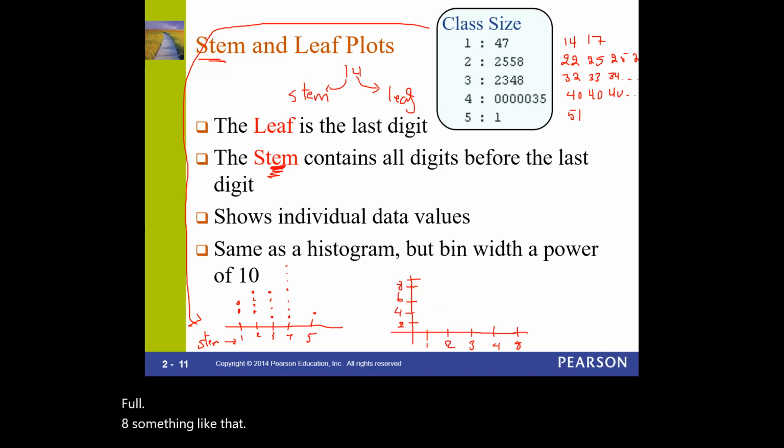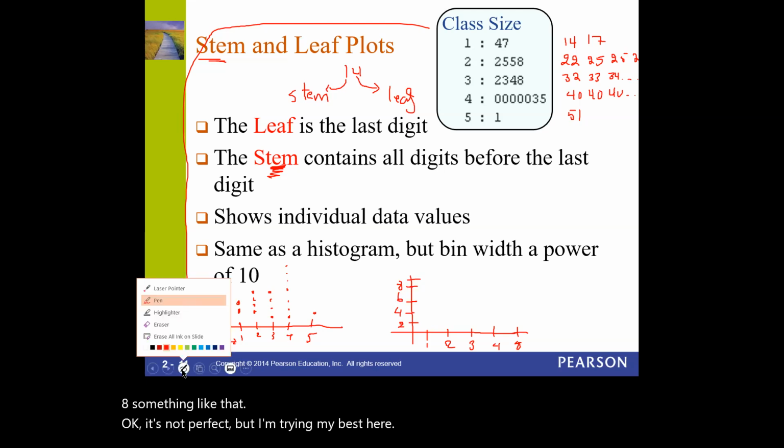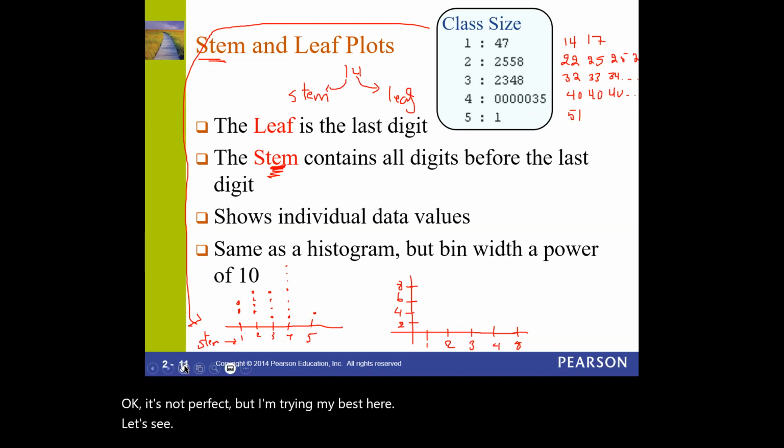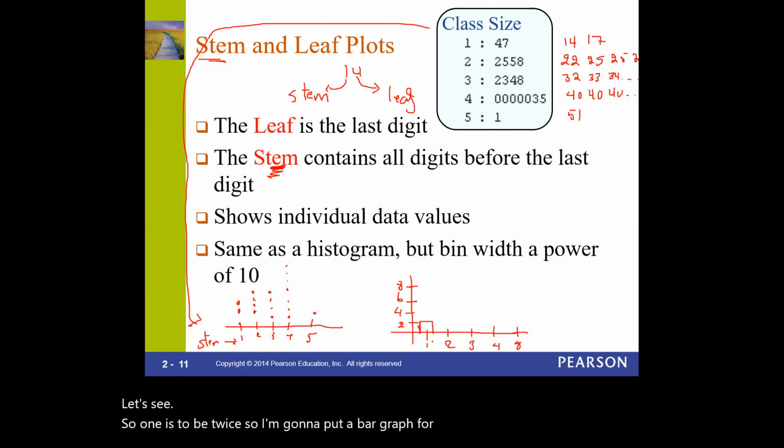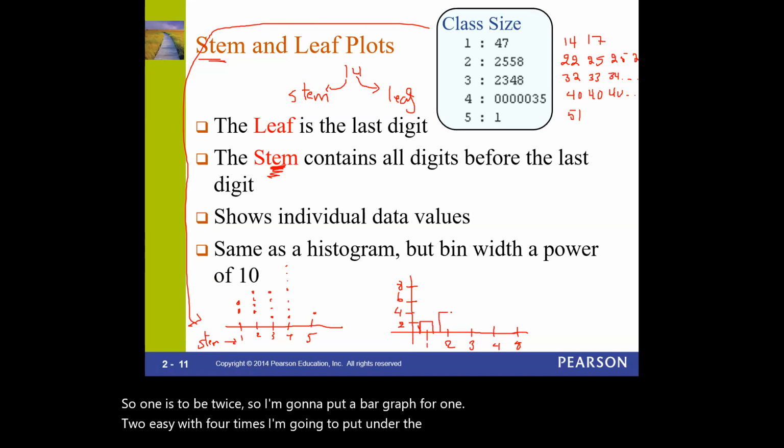It's not perfect, but I'm trying my best here. So 1 is repeated twice, so I'm going to put a bar for 1. 2 is repeated 4 times, so I'm going to put another bar for 4. 3 is also 4.